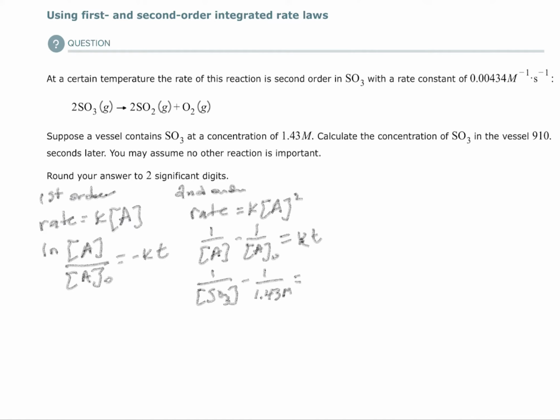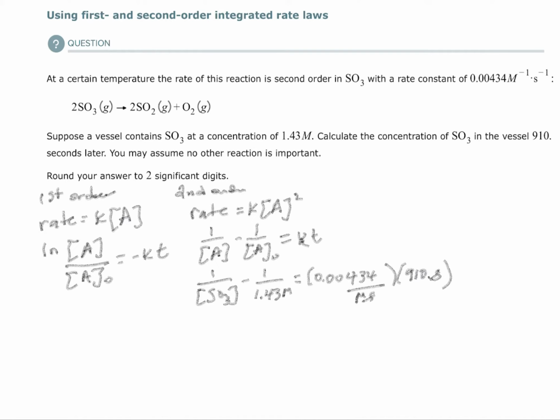And now I need KT. So this is positive 0.00434, and we're in molarity per second on the bottom, times 910 seconds. So seconds will cancel with seconds, leaving me molarity on the bottom.